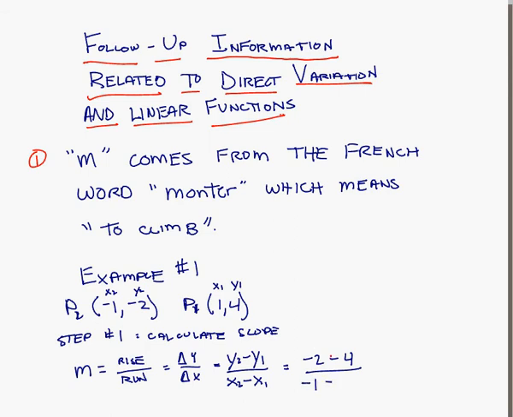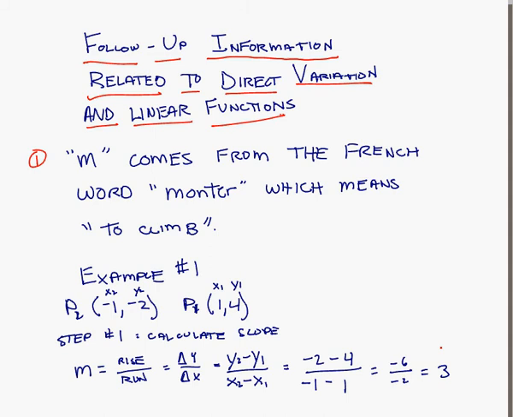So computing the top, -2 minus 4 is -6, and -1 minus 1 is -2, and doing division, -6 divided by -2 is +3. So my slope in this equation is 3.